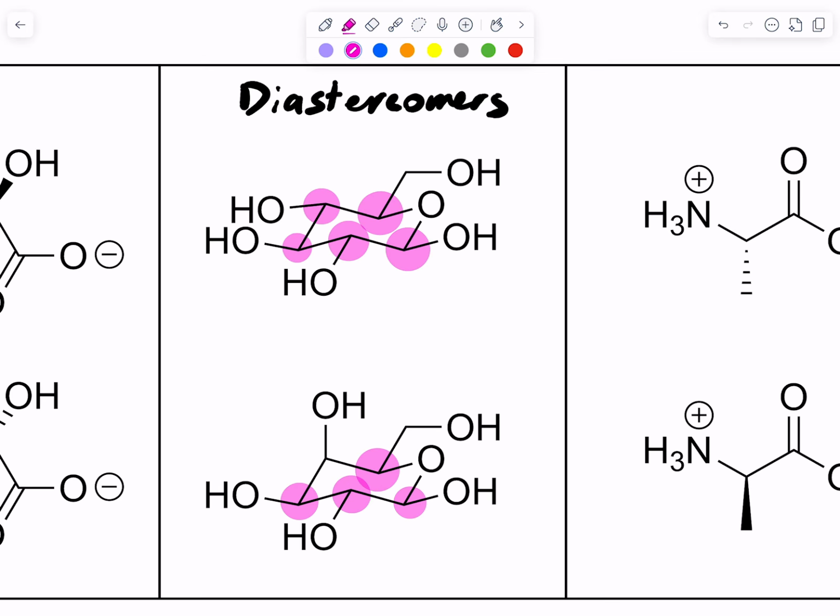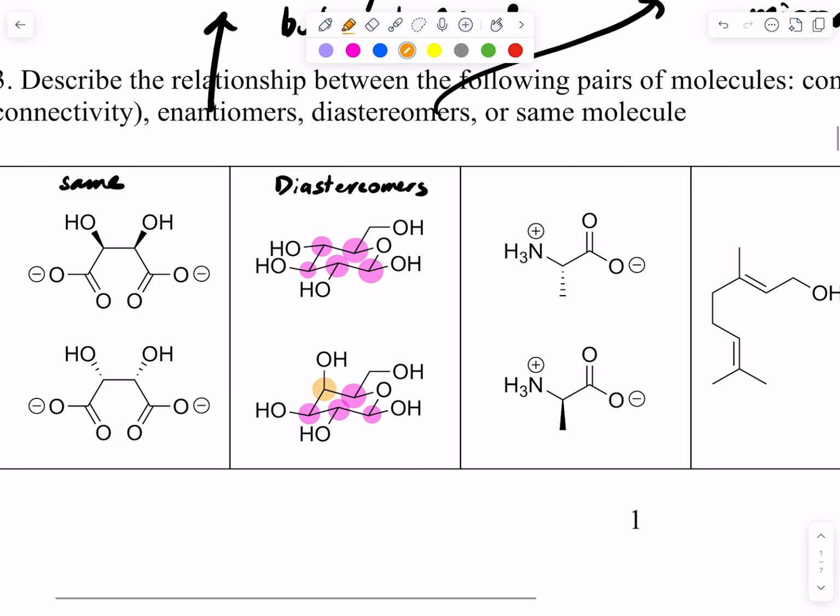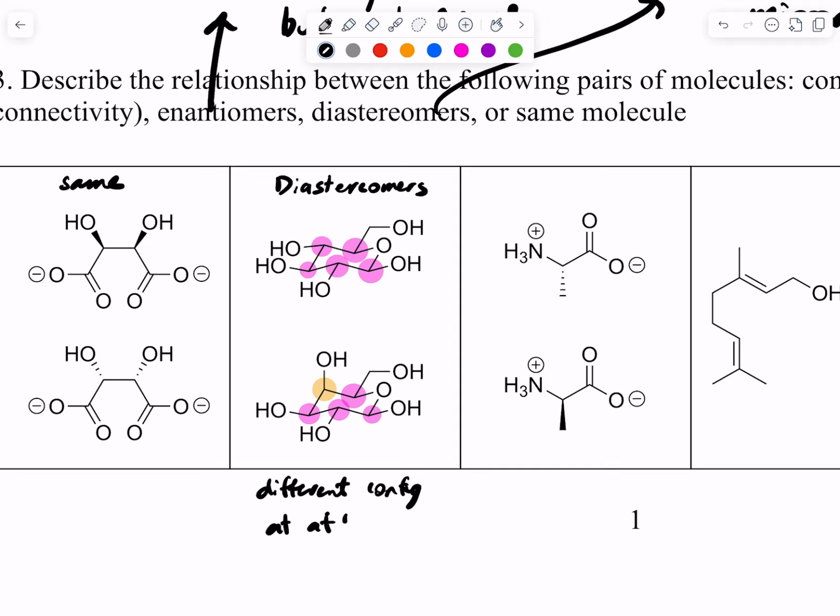So do you notice how all the stereocenters on the one on the bottom are identical except for the one highlighted in orange? So that's a quick trick you can use to identify diastereomers. They have to be different configuration at least one stereocenter, but not all. Okay?